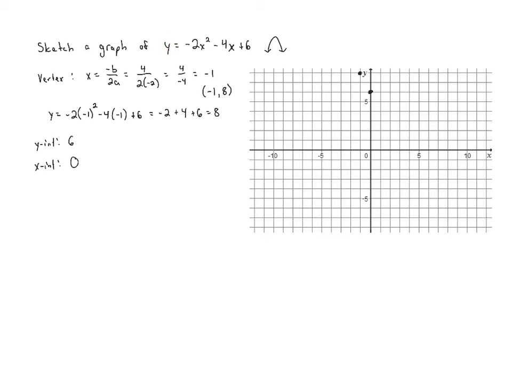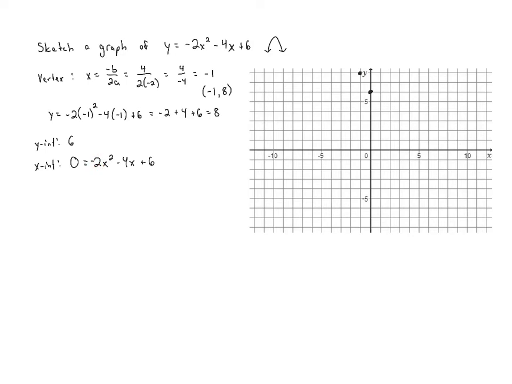So we've got to solve 0 equals negative 2x squared minus 4x plus 6. I don't really like having a negative leading coefficient when we're solving. Makes things a little bit more complicated. So what I'm going to do is divide both sides actually by negative 2.